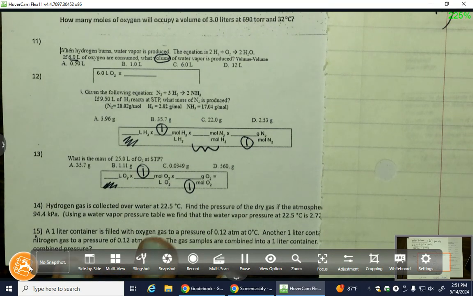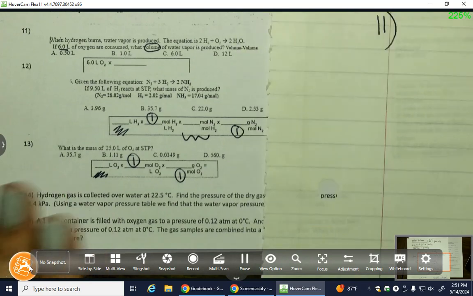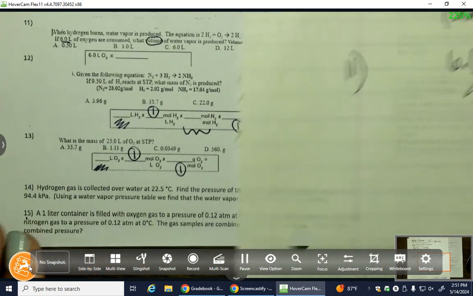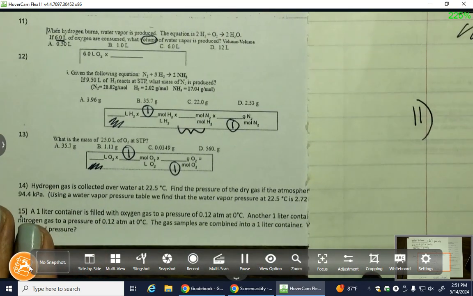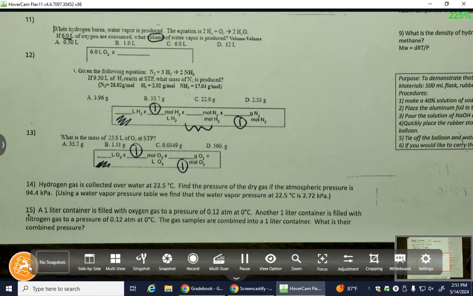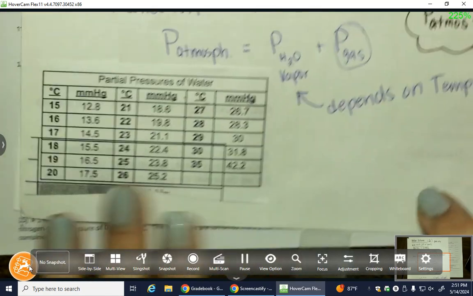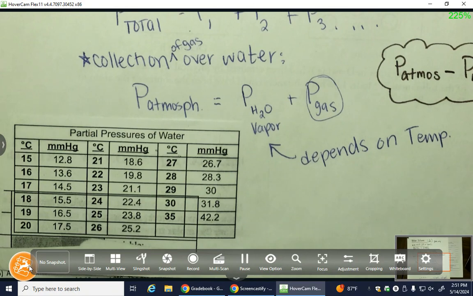All right. Next one would be number 14. Number 14 was based off Dalton's law, and so we took some time to really do that one, especially in our lab, right?